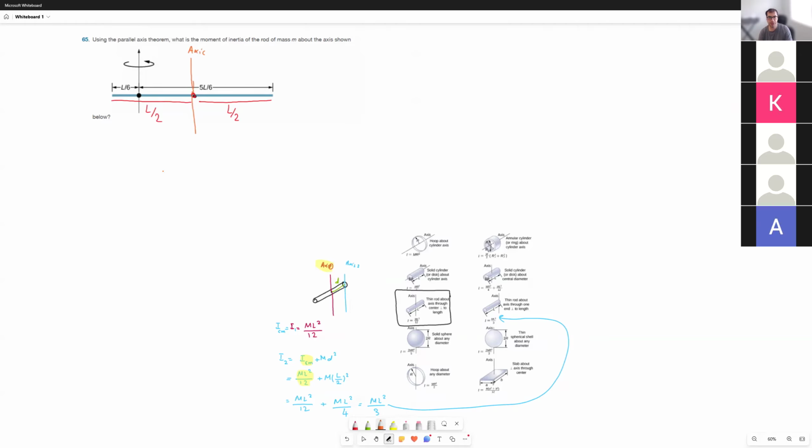If I want to find out, if I know the moment of inertia about the orange axis, I center of mass, which is going to be mL squared divided by 12. It's this guy. You can use this for this question as well.